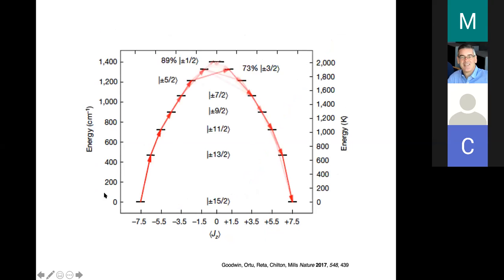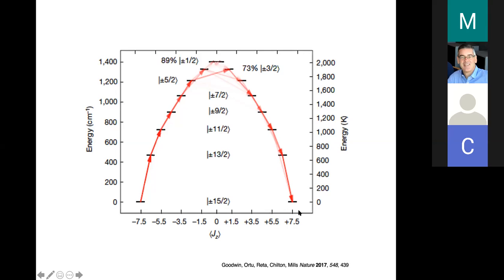And so here's a little bit of a more detailed picture of what's happening. So for dysprosium 3+, we have a J equals 15/2 spin-orbit coupled ground state. And then these are the calculated M sub J splittings. Lowest in energy are plus and minus 15/2. And then there's this large gap to 13/2.